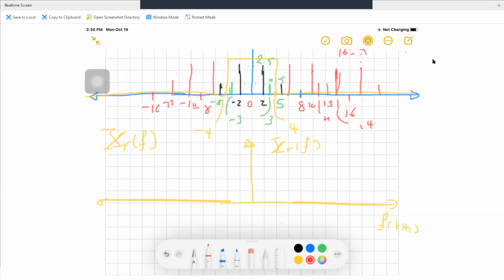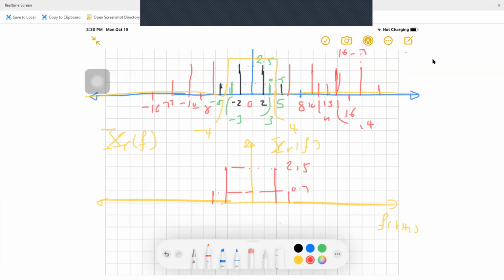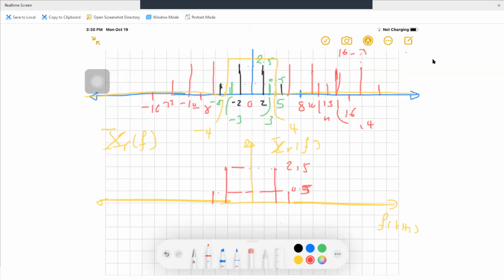At 2 we have 2.5, and at 3 we have 0.5. This is 0.5, and this is 2.5, with f in kilohertz. Of course, this represents the recovered signal: 2 and 3, minus 2 and minus 3.